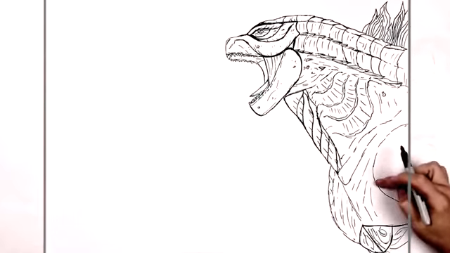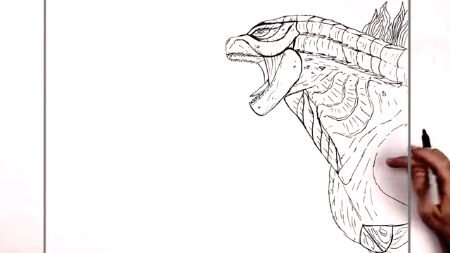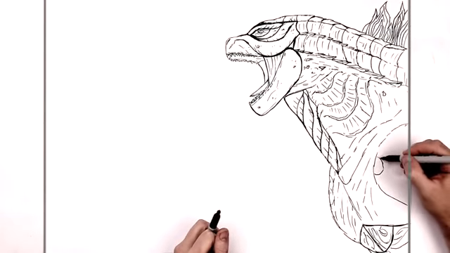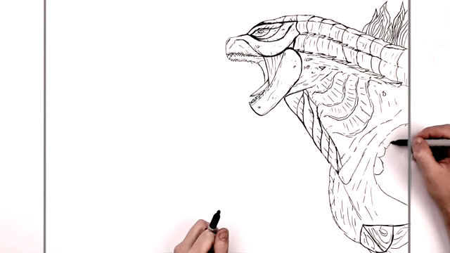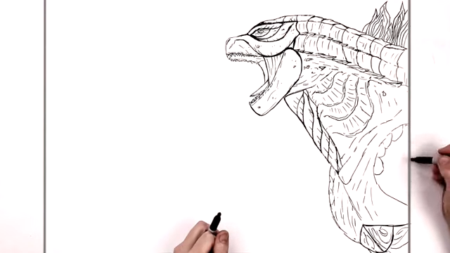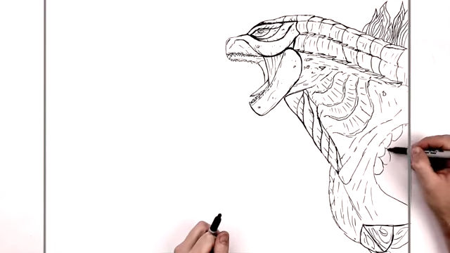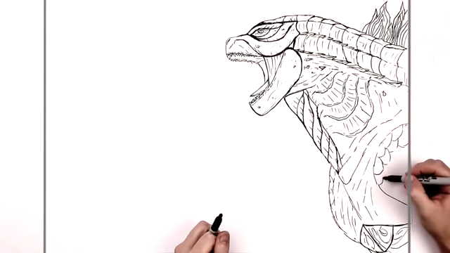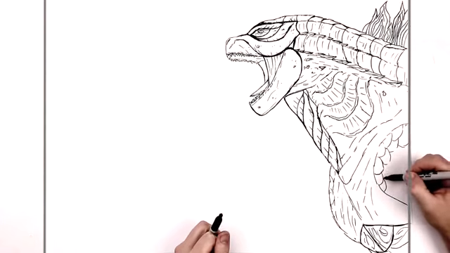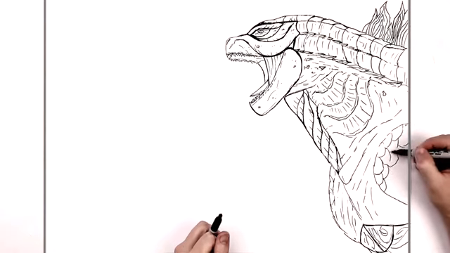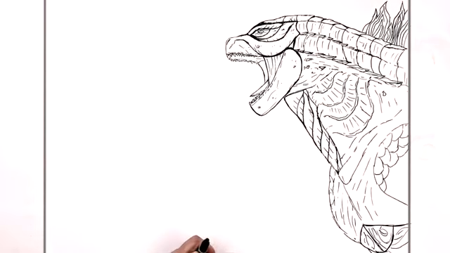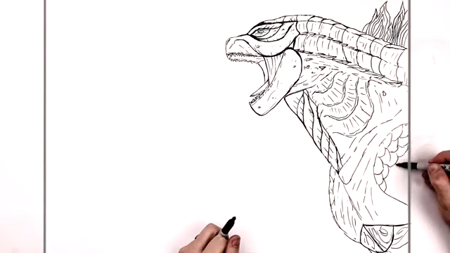So his shoulder is just this round curved line just here. And then this can have some scales and bumps and things. Sort of fish-like scales on his shoulder.